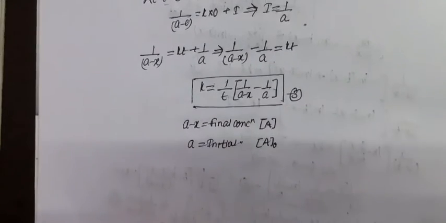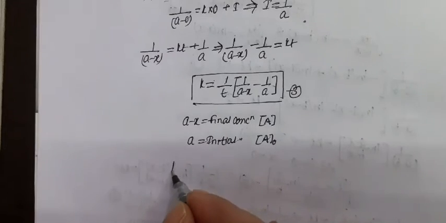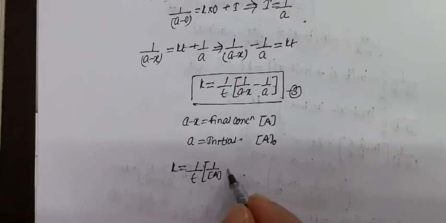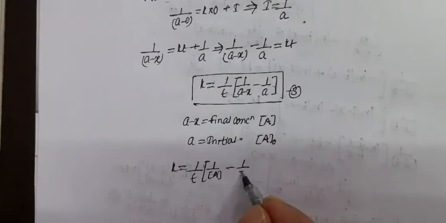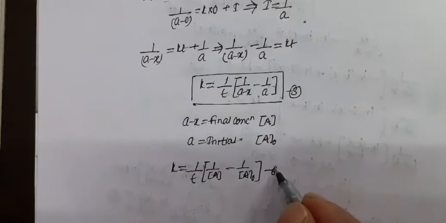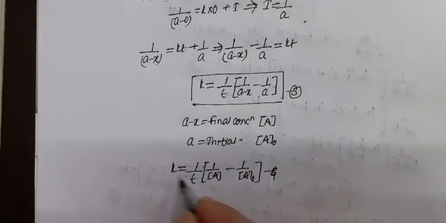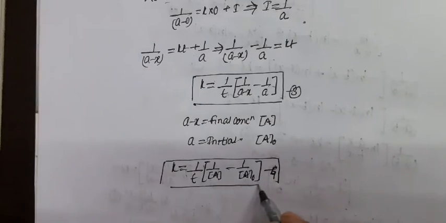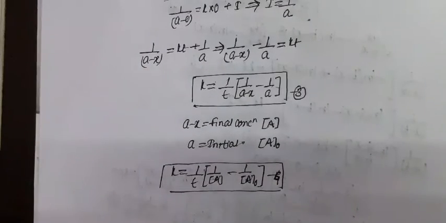Now putting this value in equation 5, we have K equal to 1 by t times 1 by concentration of A minus 1 by concentration of A naught. So both forms represent the expression for the rate constant of a second order reaction having identical concentration.